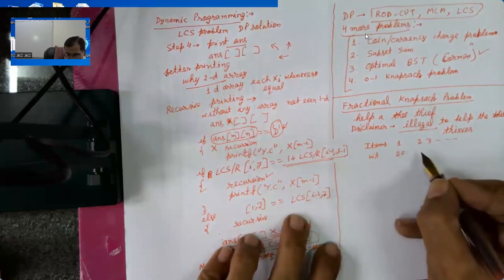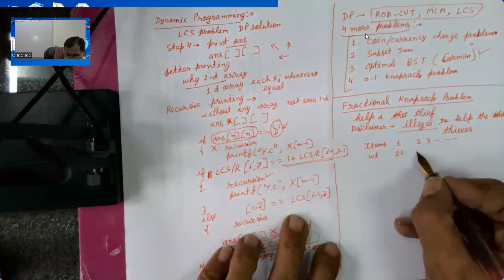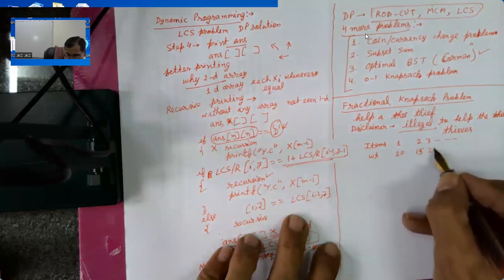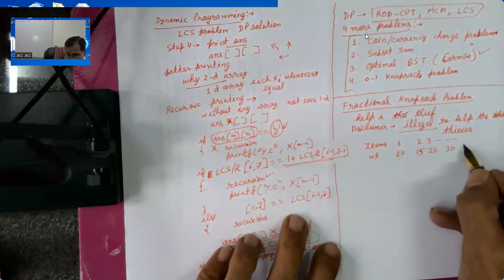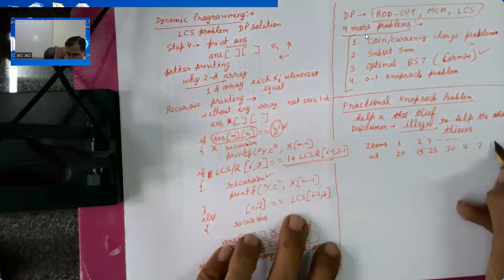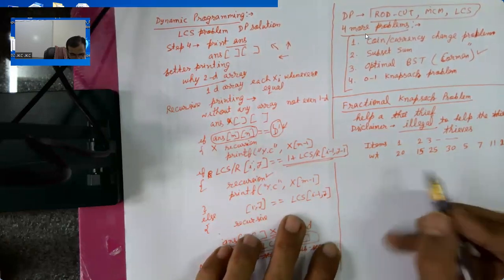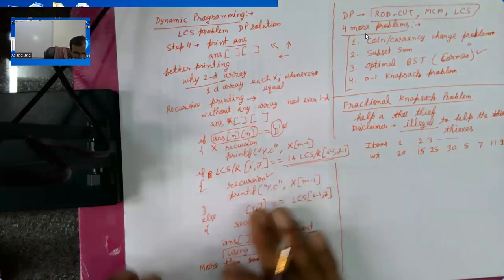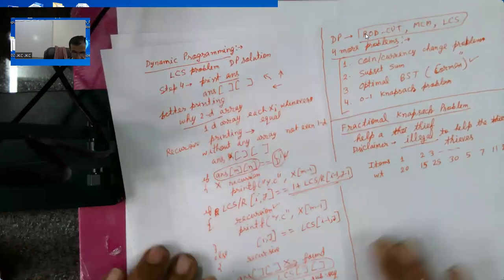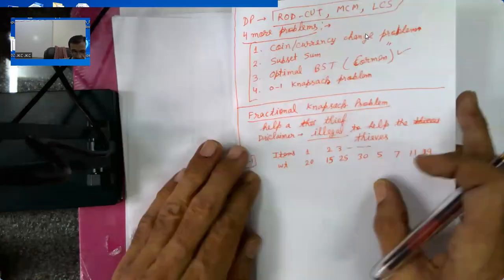Let's say there is an item of weight 20 units, 15 units, 25 units, 30 units, 5 units, 7 units, 11 units, 19 units, or maybe 29 units, whatever. So there could be different values.